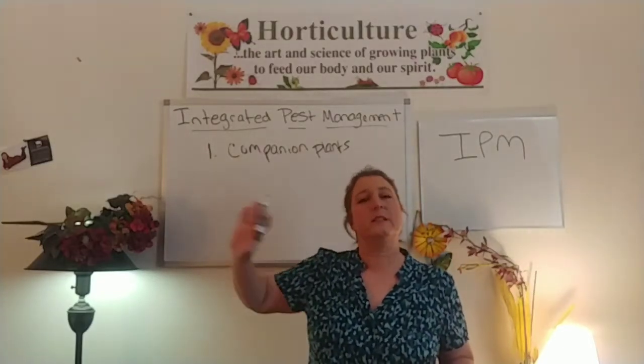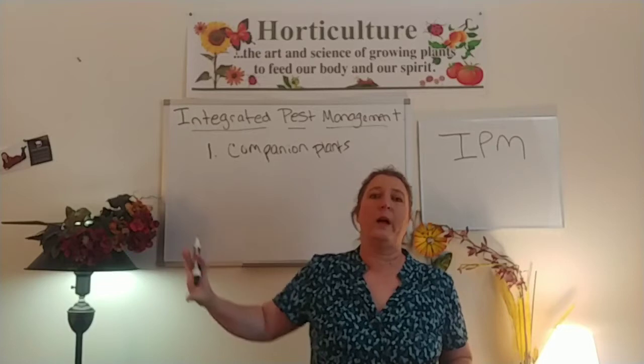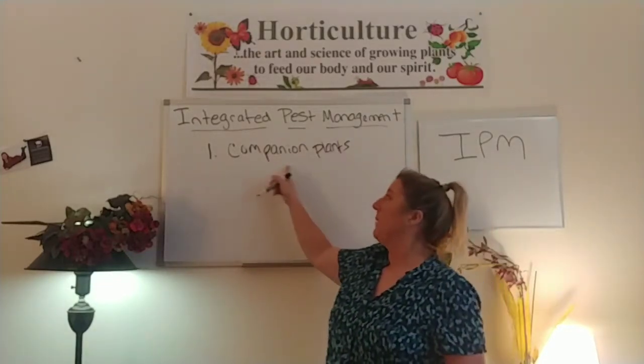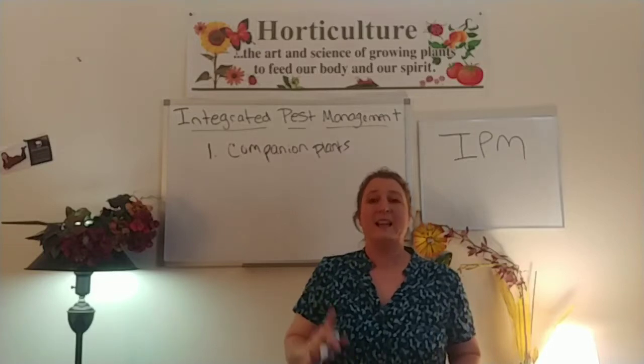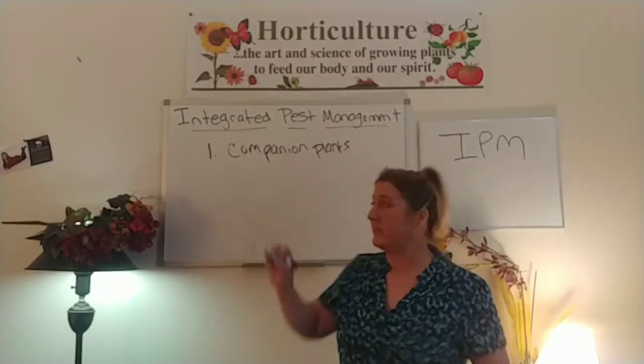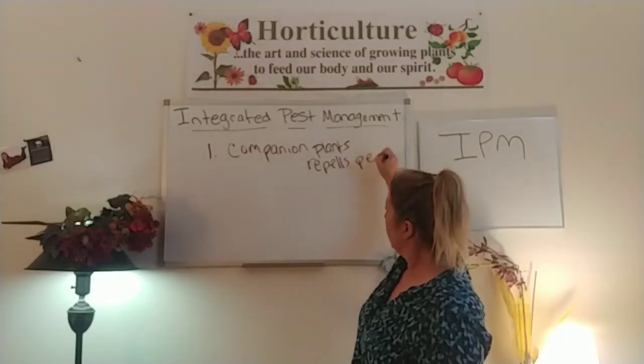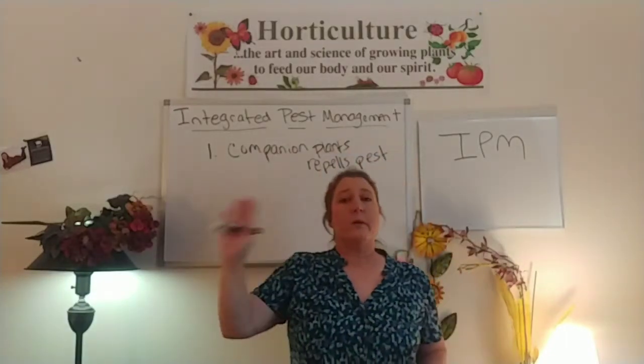Who keeps the undesirable people that you don't want to approach you away? Your companion, your buddy, your pal, okay? So a companion plant is actually a repellent plant. It repels pests.